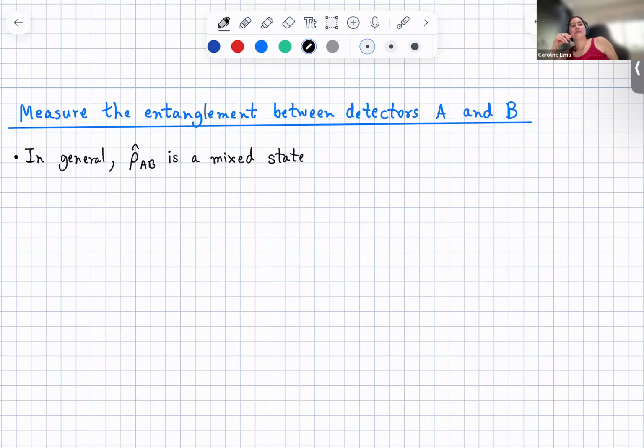And when I talk about measuring entanglement, most people, at least if they are from some high energy background, will tell me, oh, I want to measure entanglement, let's use entanglement entropy. But when we have mixed states, we cannot use entanglement entropy because for mixed states, entanglement entropy is not a proper measure of entanglement.